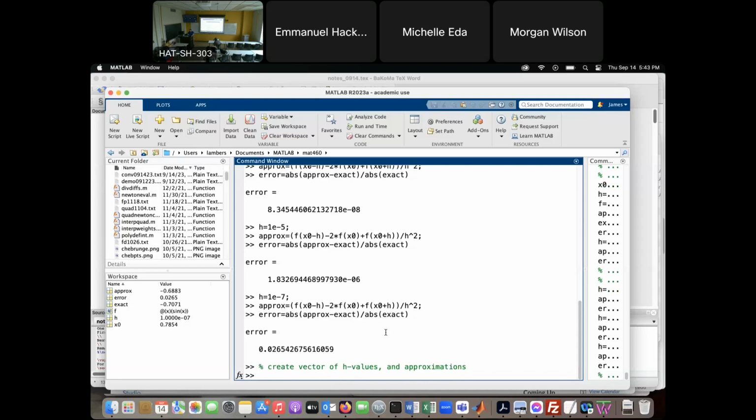First I'll create a vector of h values. I'll have 10 to the power of exponents ranging from -1 all the way to -15, using the colon operator. I start counting at -1, and I keep counting backwards all the way to -15.